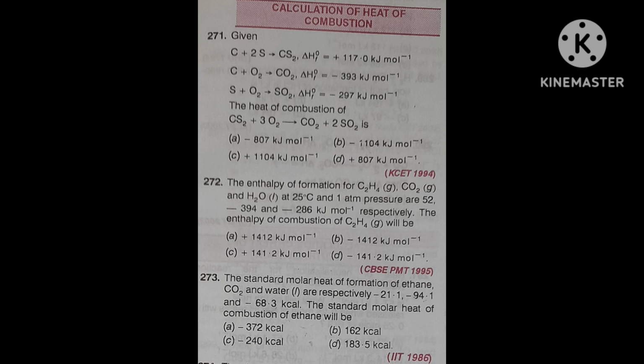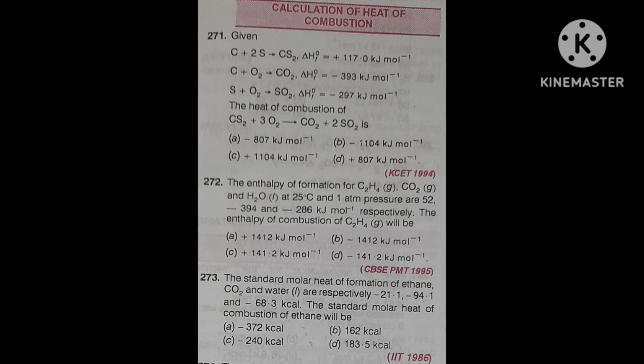With the help of the above three reactions, first you have to get CS2 plus 3O2 on the reactant side, and CO2 plus 2SO2 on the product side. The second and third reactions already have CO2 and SO2 on the right side.